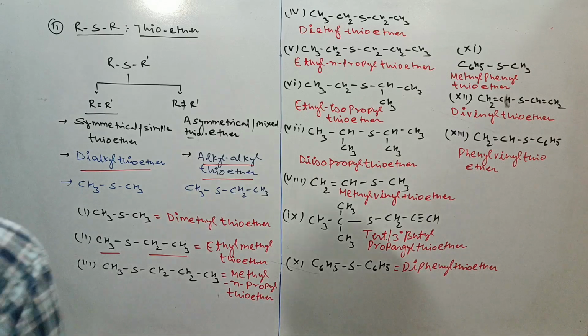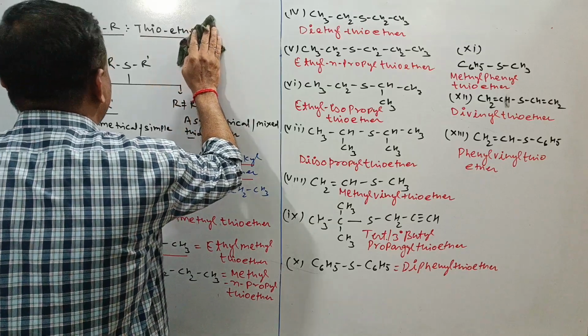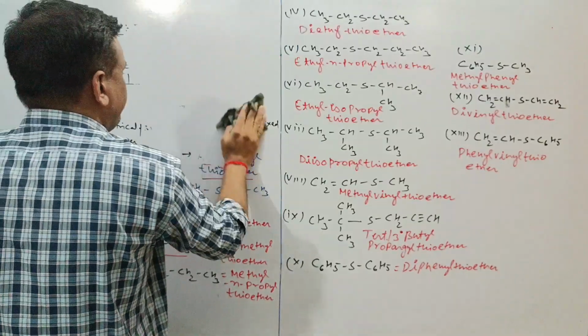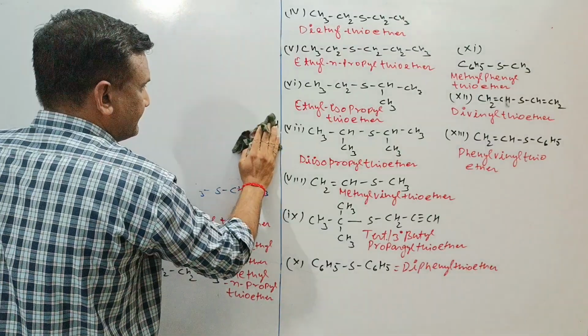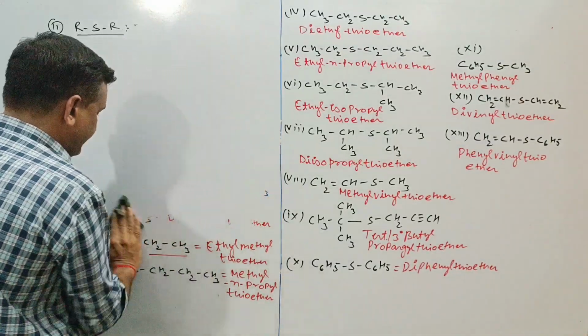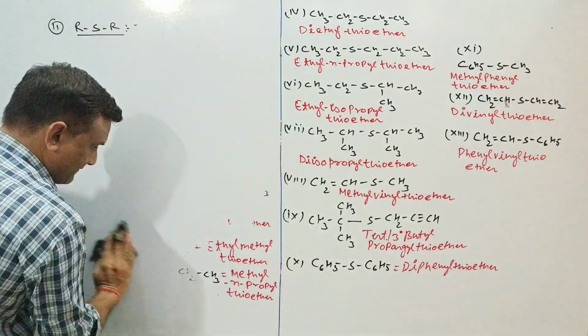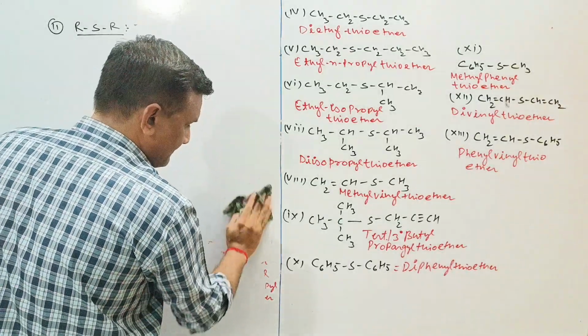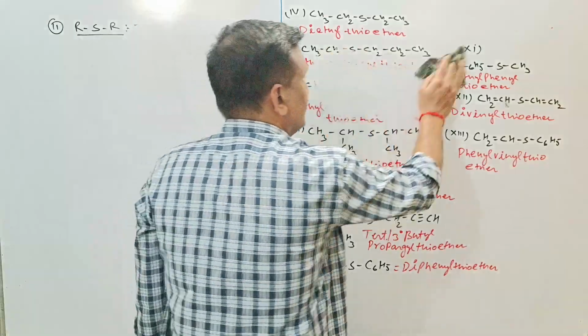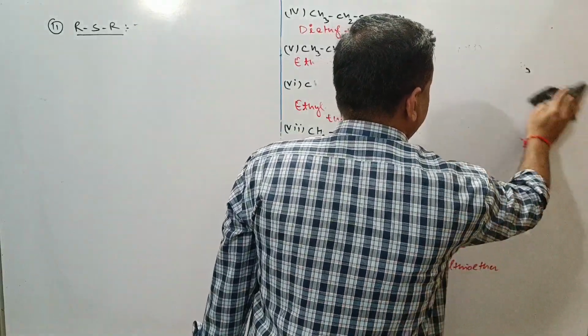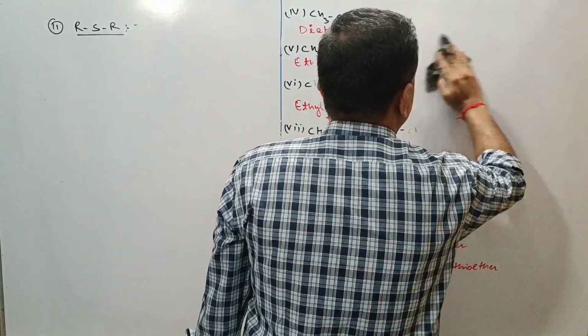Now it's time to discuss the 12th and last function group of Table A, the thioketone. What is that? Listen to me carefully. Thioketone is also useful in many industrial compounds.